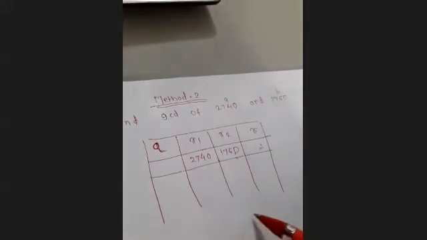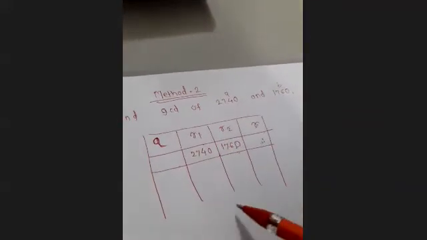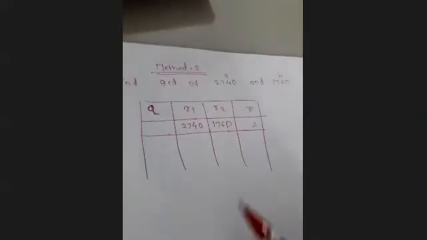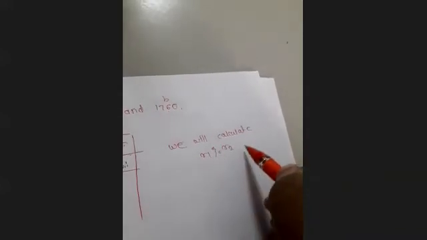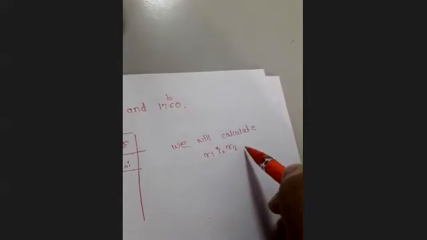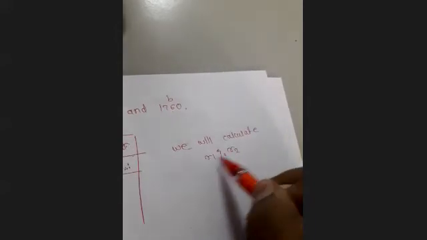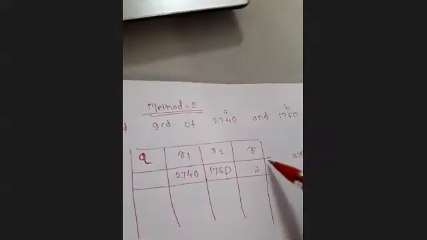Till when do we have to continue this? Till we reach R2 value equals 0. What I am saying is, we will calculate R1 mod R2. Every time we calculate this, we will get some quotient and remainder.